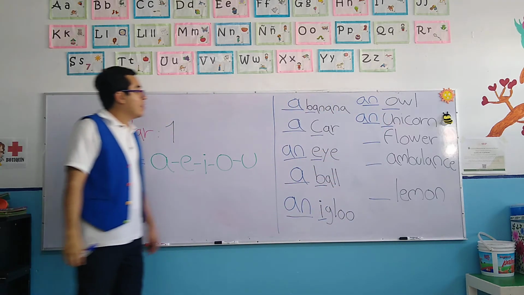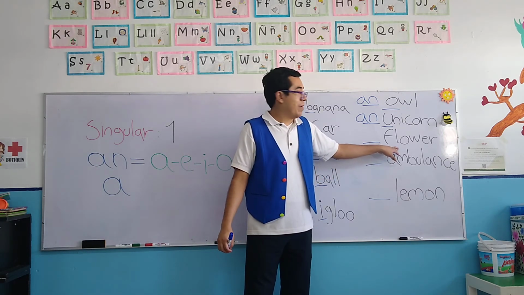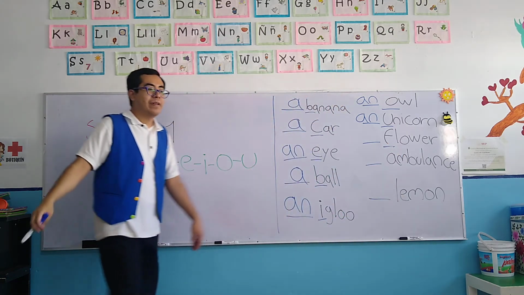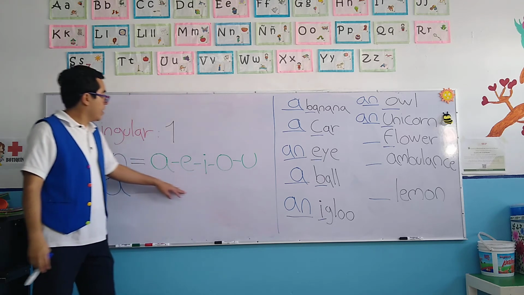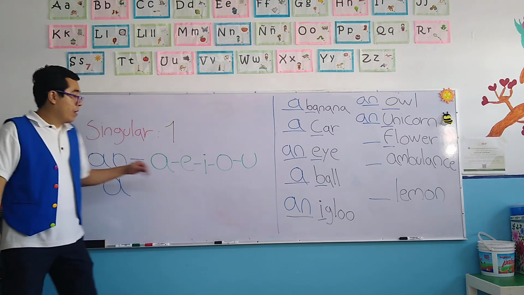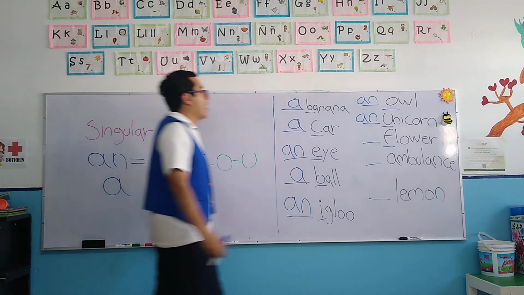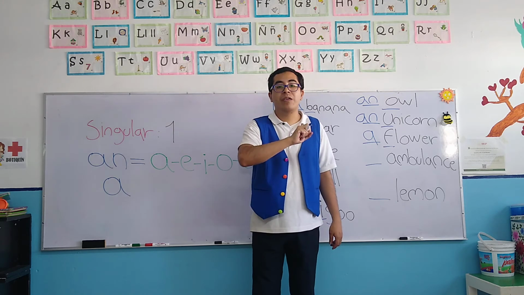Let's continue with flower. Now, for flower, we begin with the letter F. Letter F. Is it a vowel? No, I don't see it here. So, an or a? A. A flower. Only one.